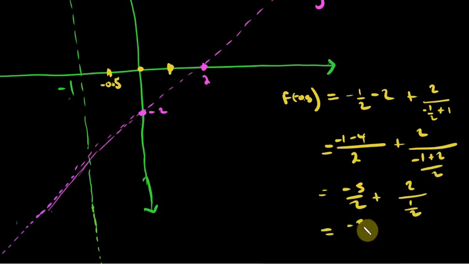This is minus 5 over 2 plus 2 multiplied by 2 over 1.